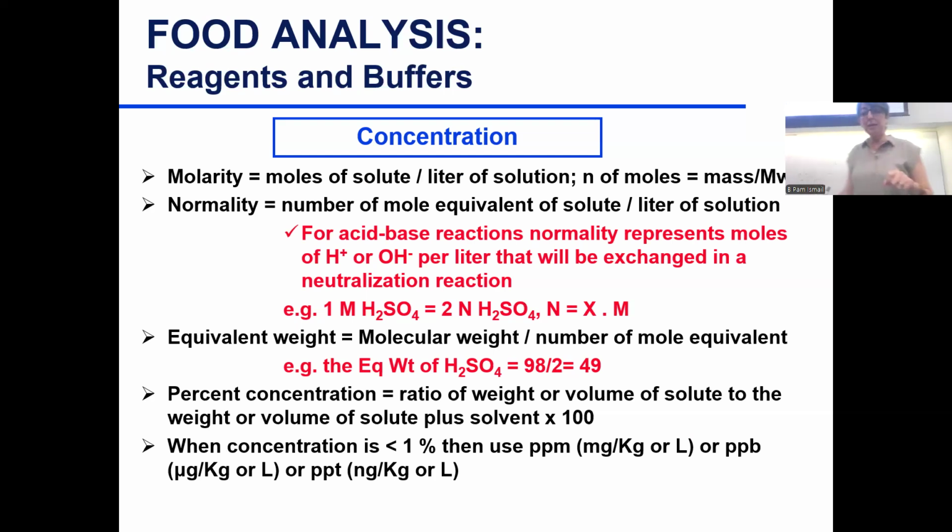Parts per million is equivalent to the most common one that you would see, which is microgram per milliliter, or milligrams per liter, or milligrams per kilogram. That's parts per million.